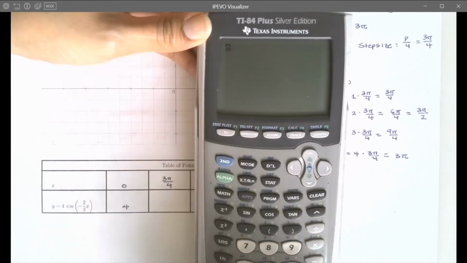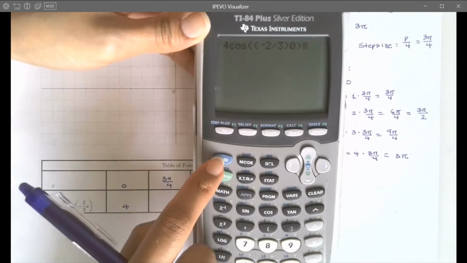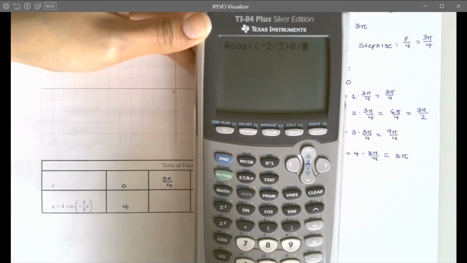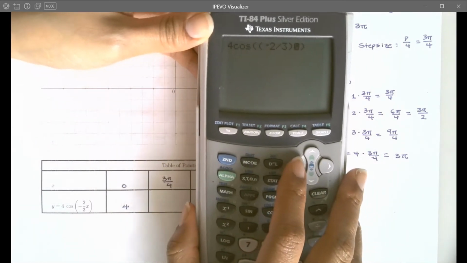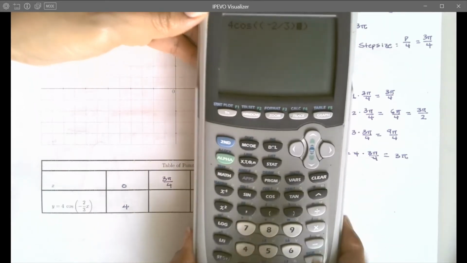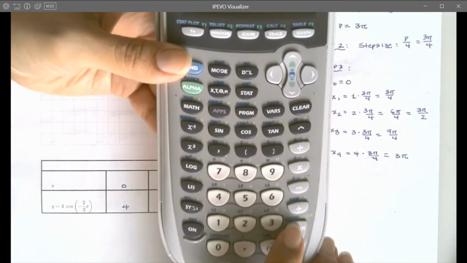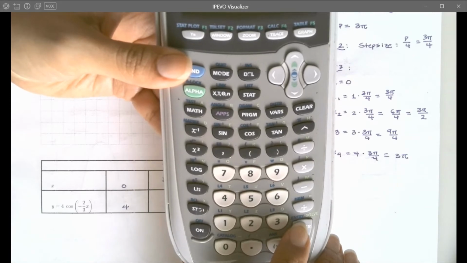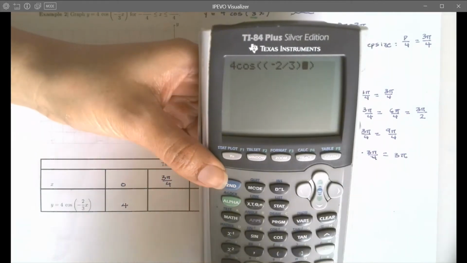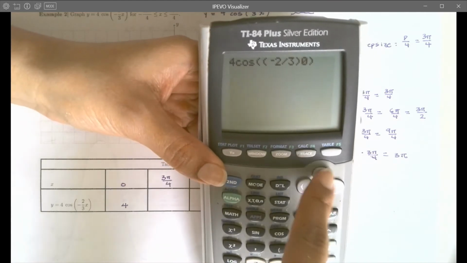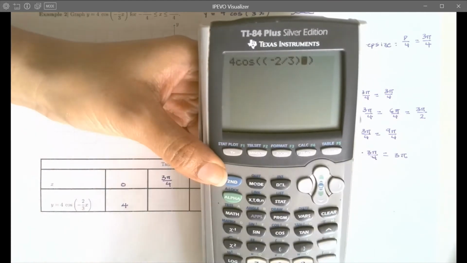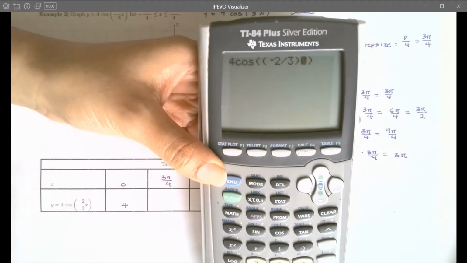Okay, next value. Notice I'm doing simply second, enter, so that I can get my previous expression. On your calculator, you can just experiment with where this keyword entry is at, so that it can bring up the previous expression. For some calculators, you can just press the up button, and that'll automatically bring it down for you.